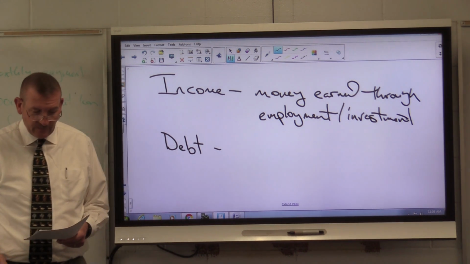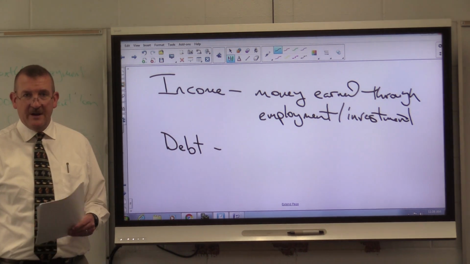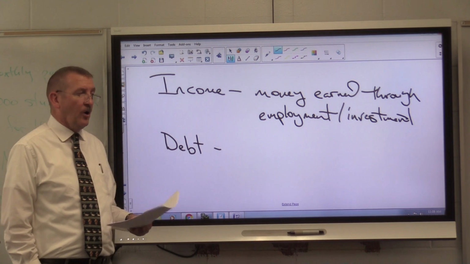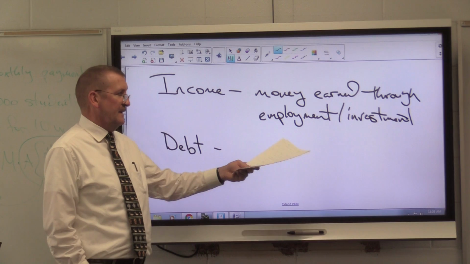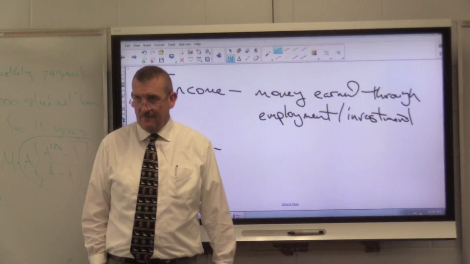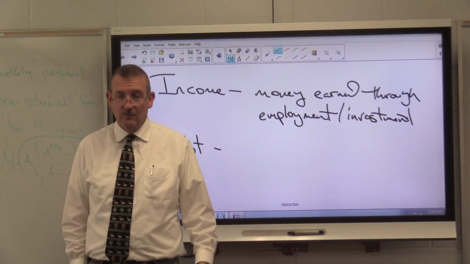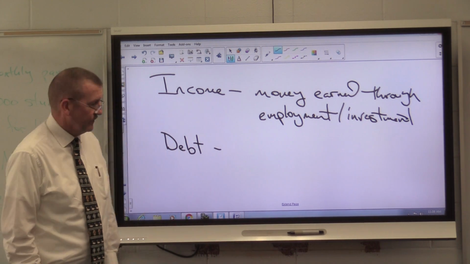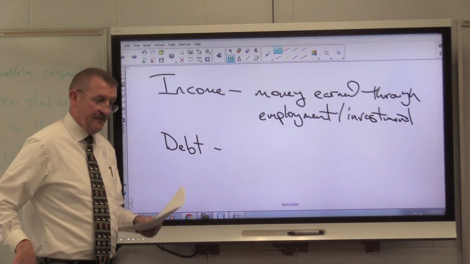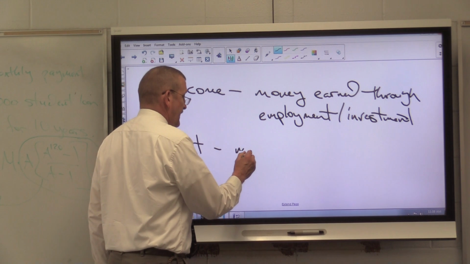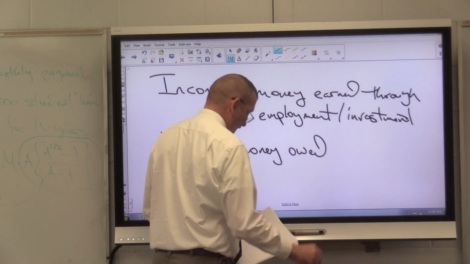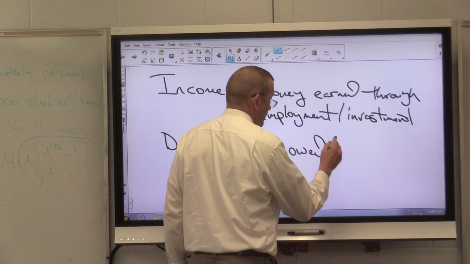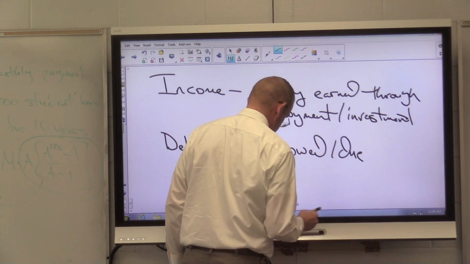So income is money earned through employment, i.e. your work that you have, or it's money that's earned through an investment, retirement fund, okay, 401k. Now, debt. Debt is money what? Owed. All right, is money owed or due.